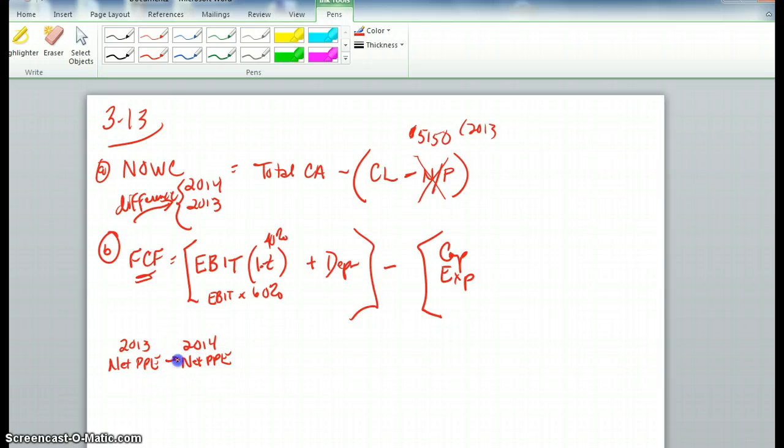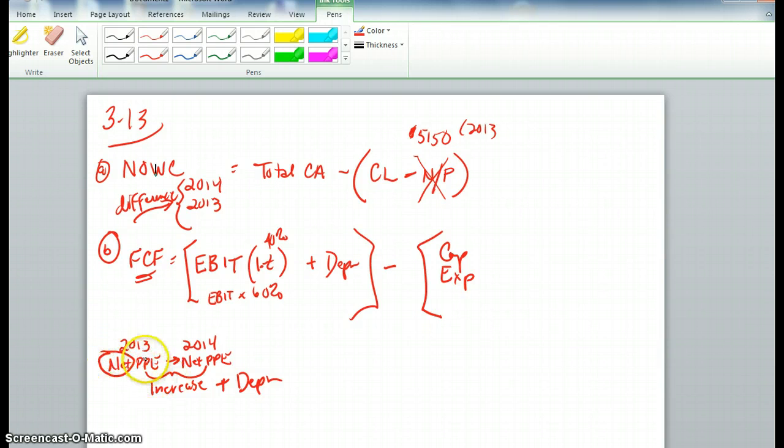If there's an increase, you can see that they have spent some capital on some assets. What I want you to keep in mind though is you'll take that change, that increase, and you will also need to add depreciation to that number because you are given a net figure.